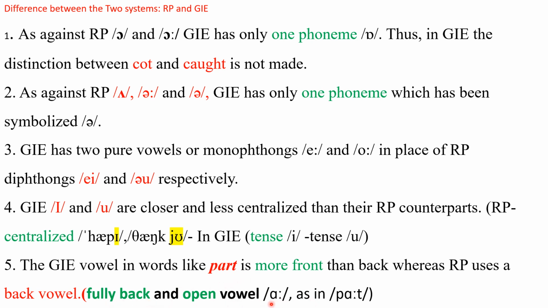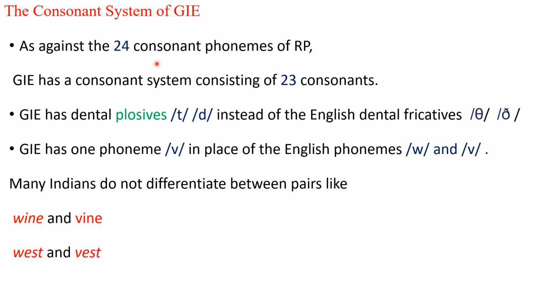In RP it's a back, open vowel, but in General Indian English it is front. Next, in RP we have 24 consonant sounds, whereas GIE consists of 23. So in RP 24, in GIE 23 consonants. So this is the difference.